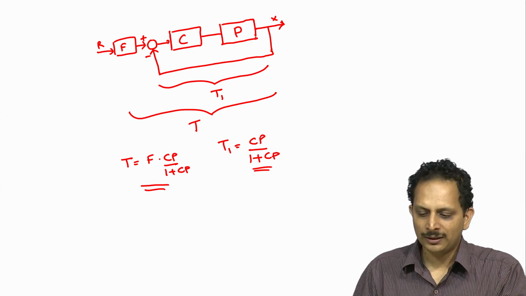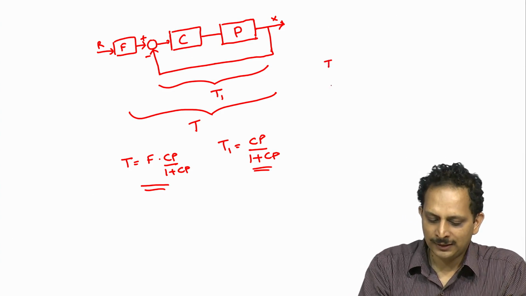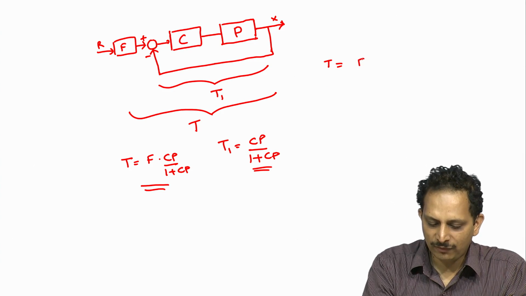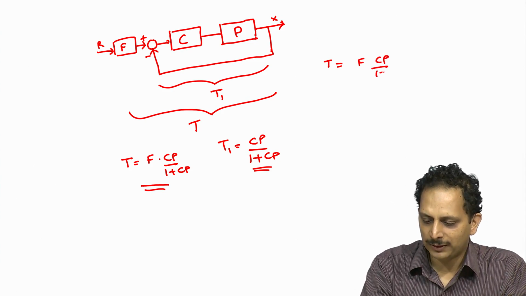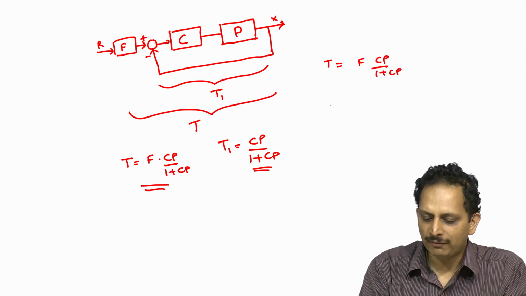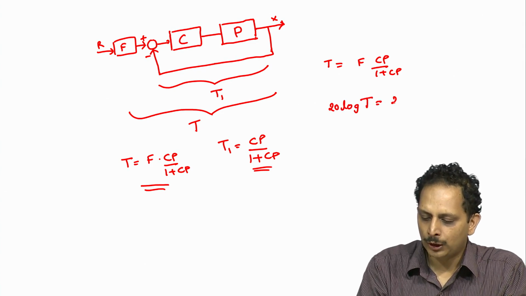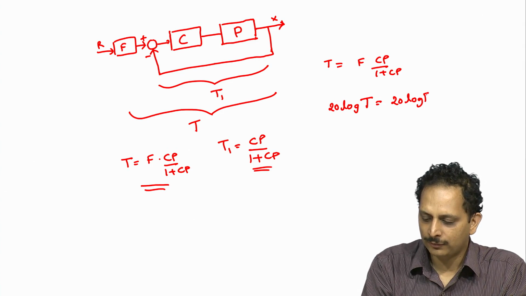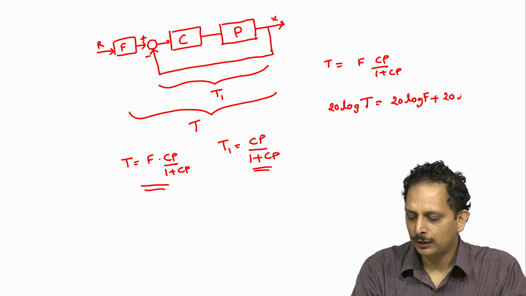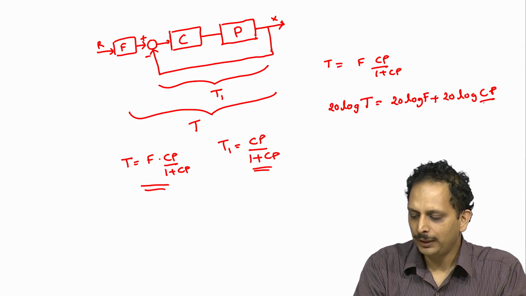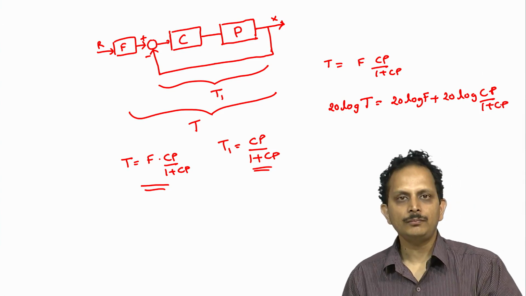To answer this question, let us first write out that since T is equal to f times Cp by 1 plus Cp, we would have 20 log T to be equal to 20 log f plus 20 log Cp by 1 plus Cp.